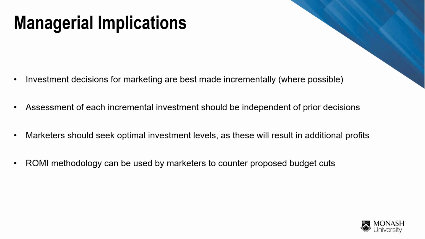So the managerial implication for this example is that your investment decisions for marketing are best made incrementally. The reason is that we can find out our optimal solution. Assessment of each incremental investment should be independent of prior decisions.